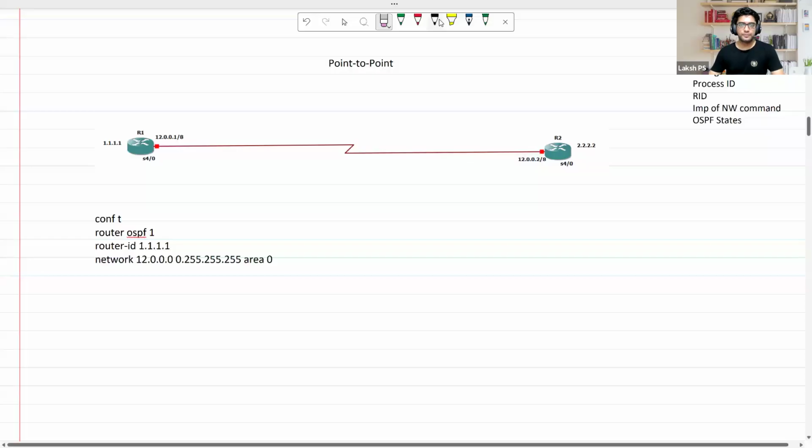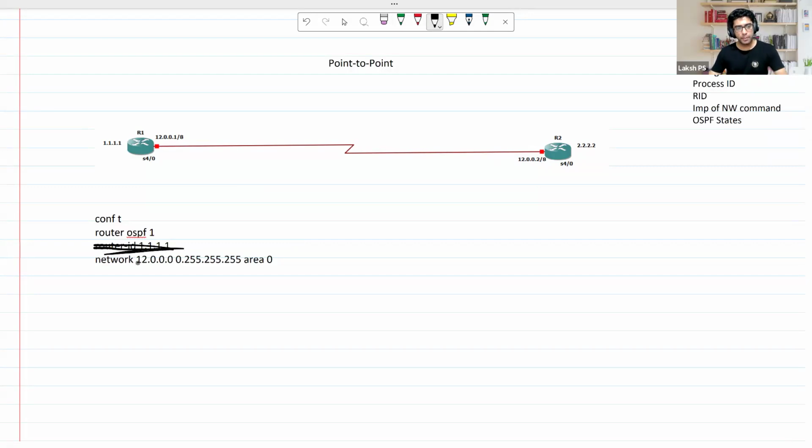Now, if you do not write the router ID manually, the router ID is chosen by the router automatically. So router ID election also takes place. Router ID is elected first based on the highest loopback address. If there are many loopback addresses on the router, whichever loopback address is the highest is chosen as the router ID of the OSPF.